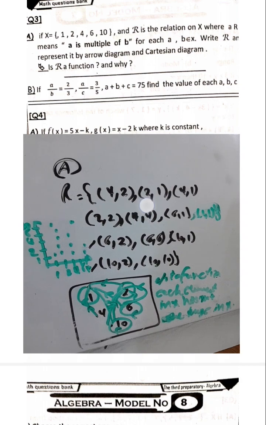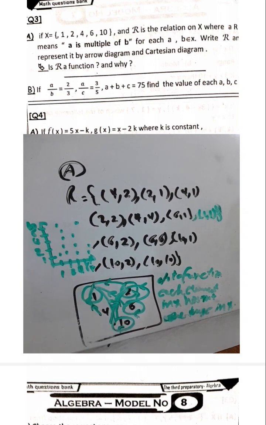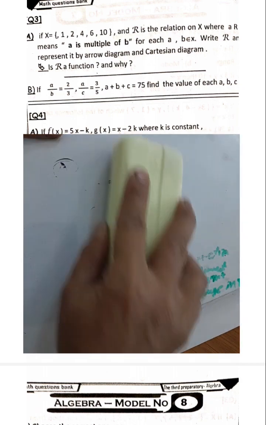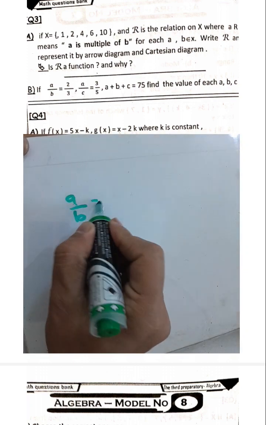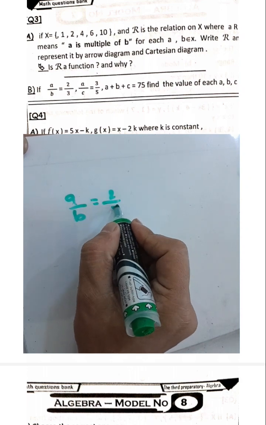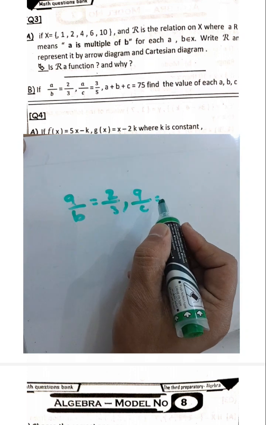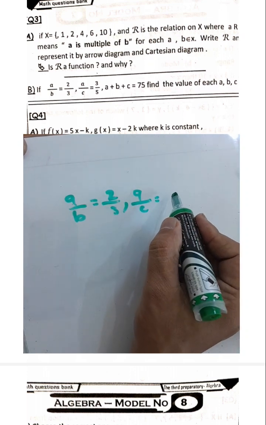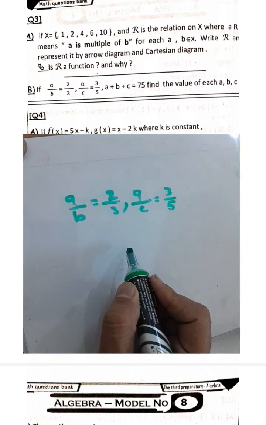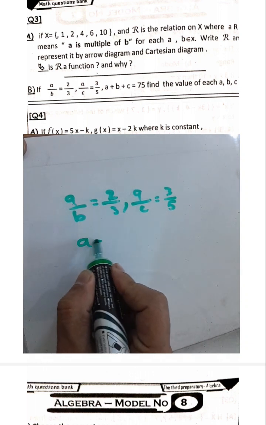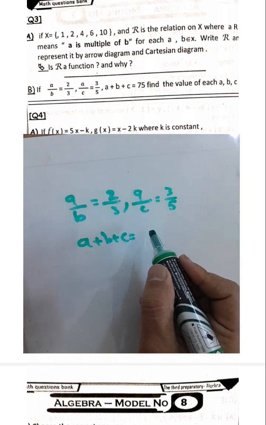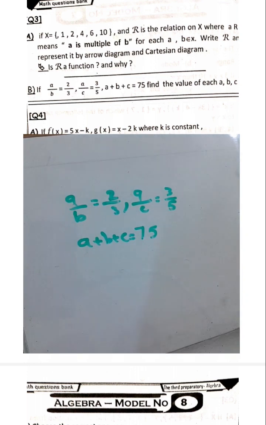Next question, if A over B equal 2 over 3 and A over C equal 3 over 5, and they give us A plus B plus C equal 75.